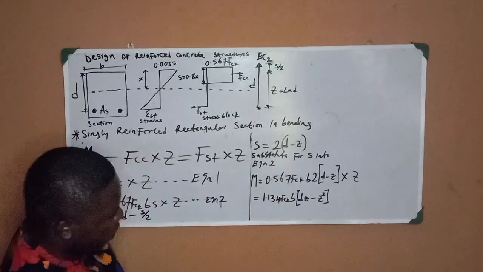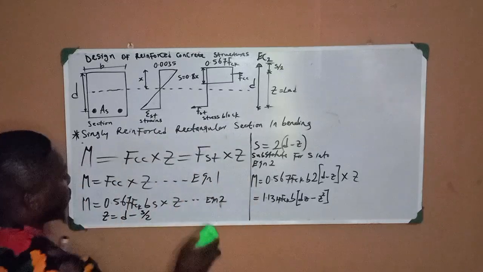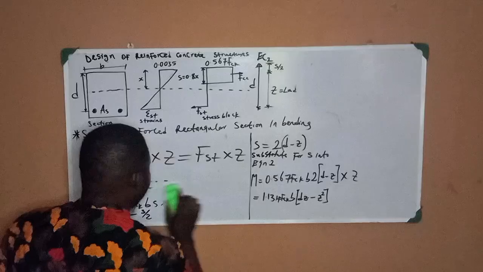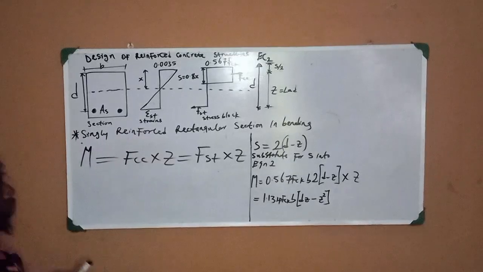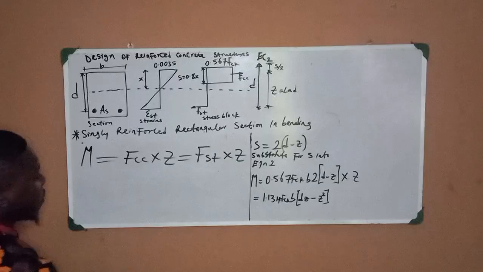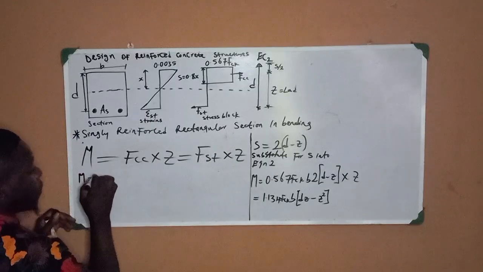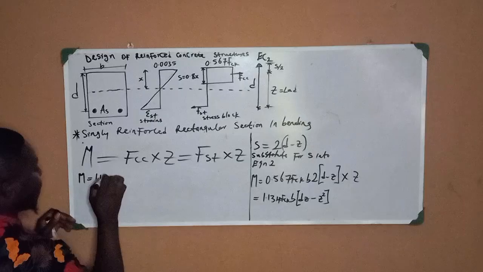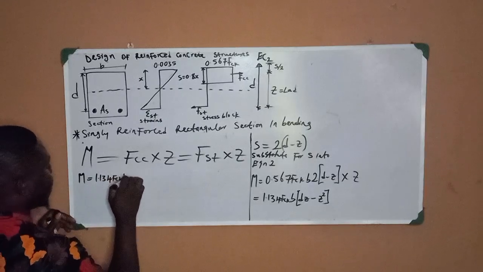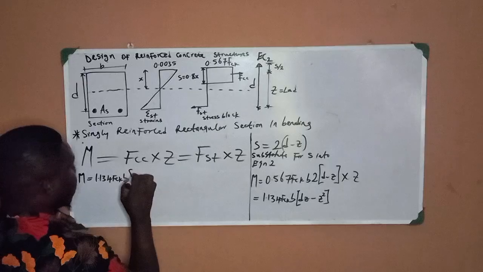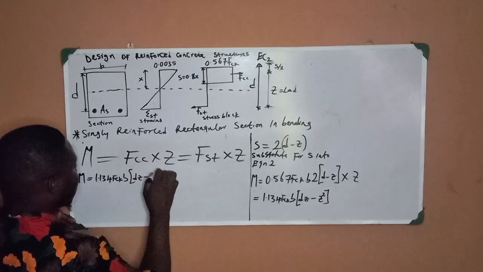So by this, let me clean it. I'm now solving. I need to solve this very well. I have that my M is equal to 1.134 FCK B into dz minus z squared.